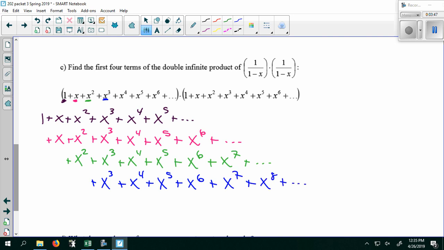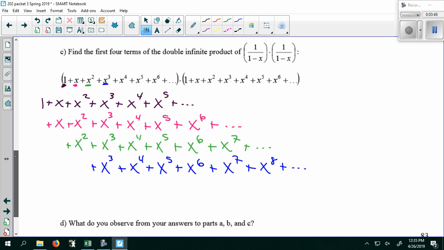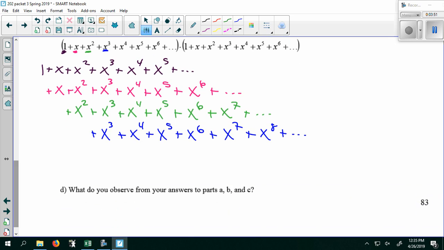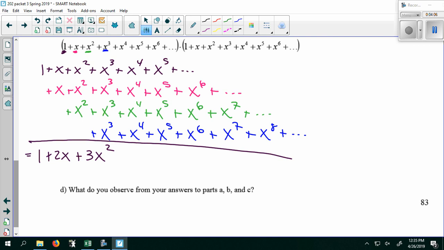Okay, so let's see. I'm adding up infinitely many infinite sums here, but let's see what happens if I just start adding these up. So I have a 1. I have x plus x is 2x. X squared plus x squared plus x squared is 3x squared.